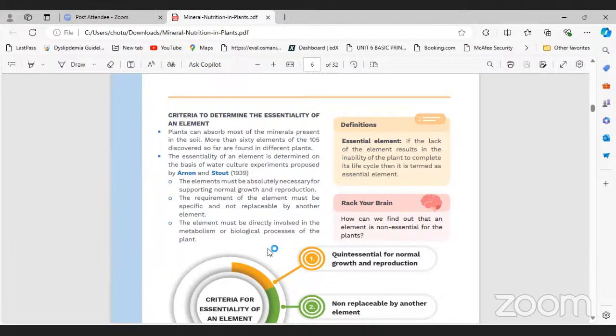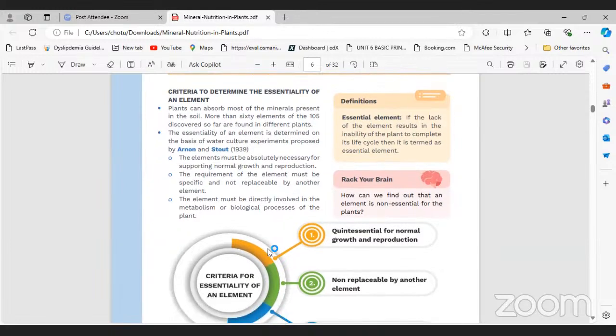The element must be absolutely necessary for supporting normal growth and reproduction.